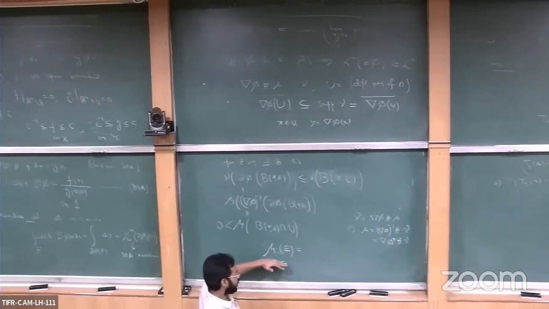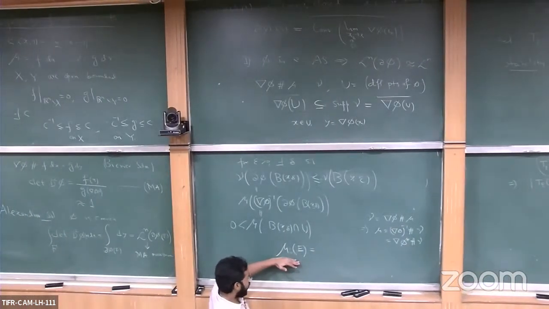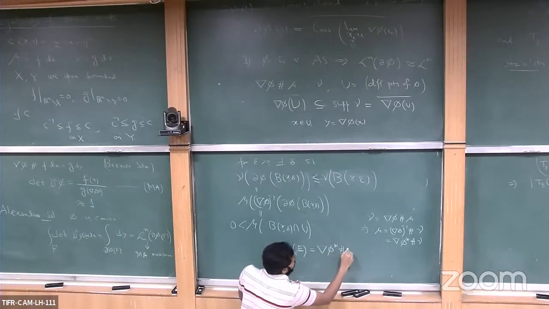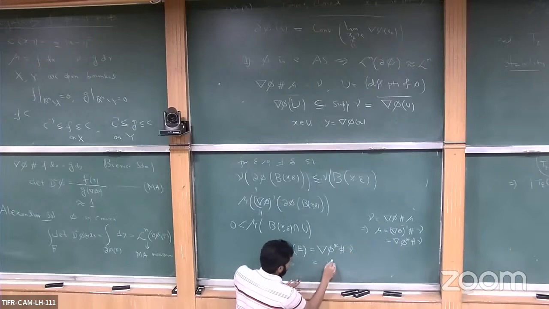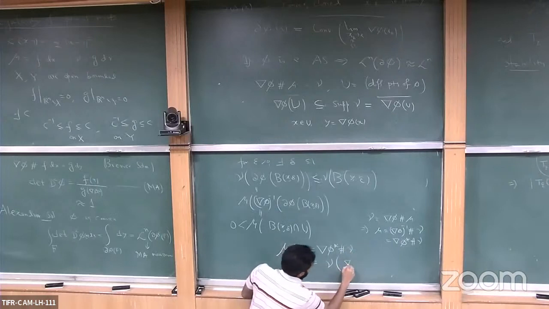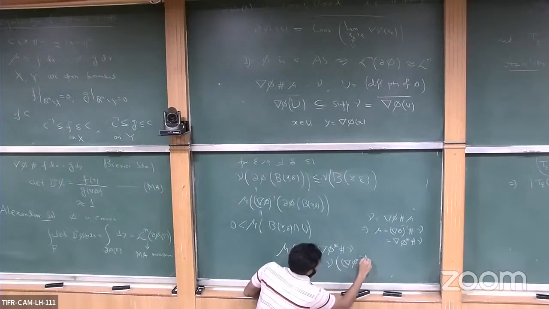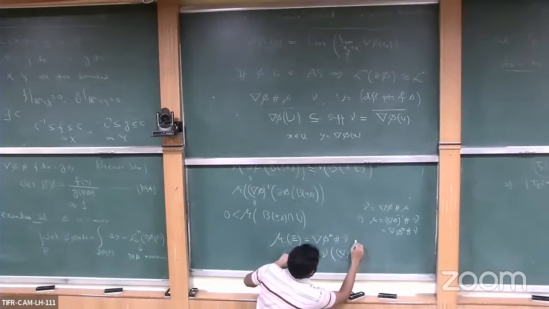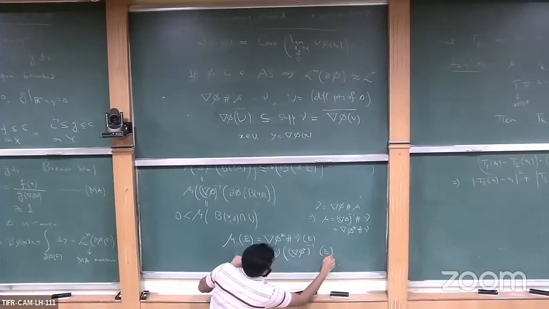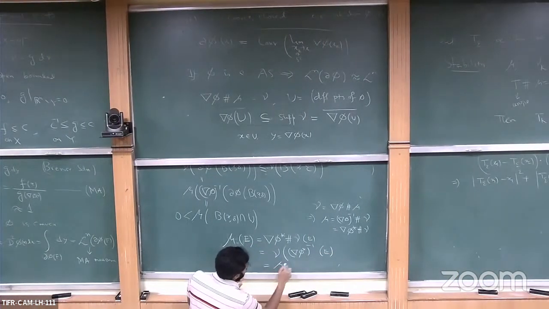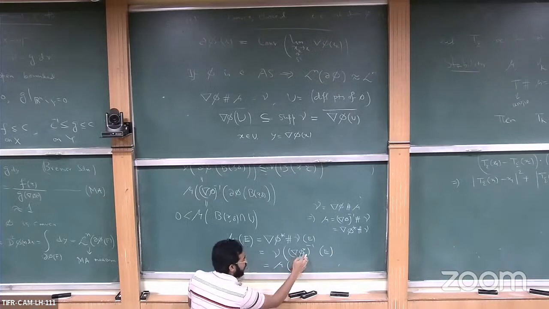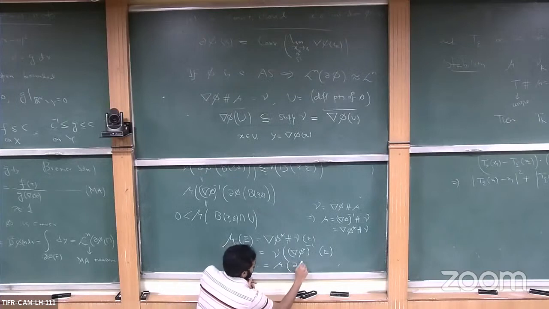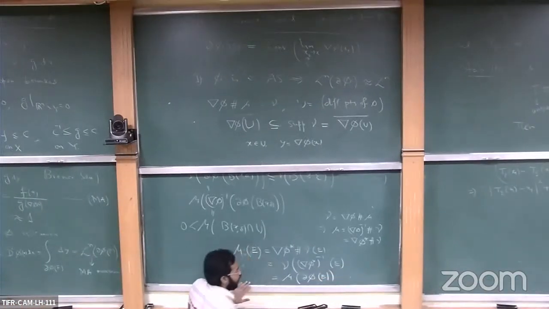So if you compute the measure μ, then you get gradient φ star forward ν, which is precisely ν of the inverse, gradient φ star inverse of E. And this is technically gradient φ, which is the subdifferential of φ.